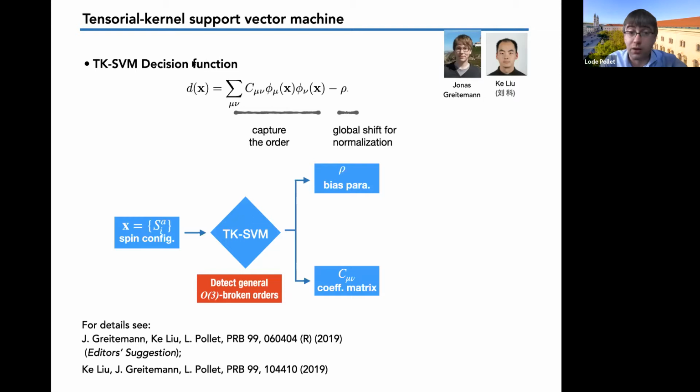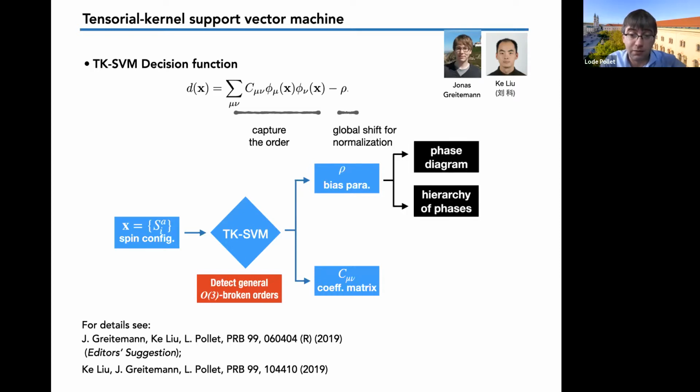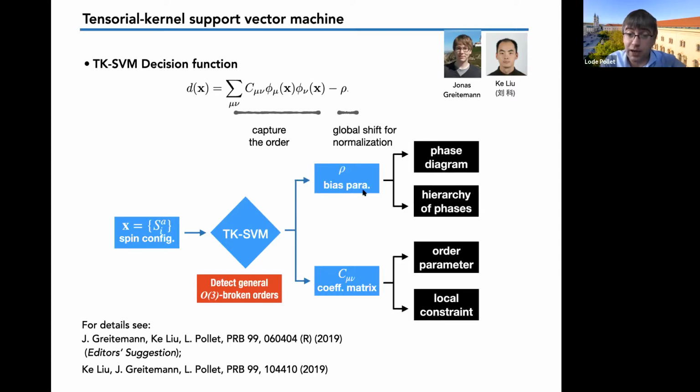So we are getting from the SVM a decision function d. Essentially, we're going to get coefficients c, mu, nu, and rho. Whereas usually rho has no meaning, it's a global shift for normalization, in our scheme it does have a meaning that is very specific to the problem of phase classification. Namely, we first analyze this bias parameter rho.